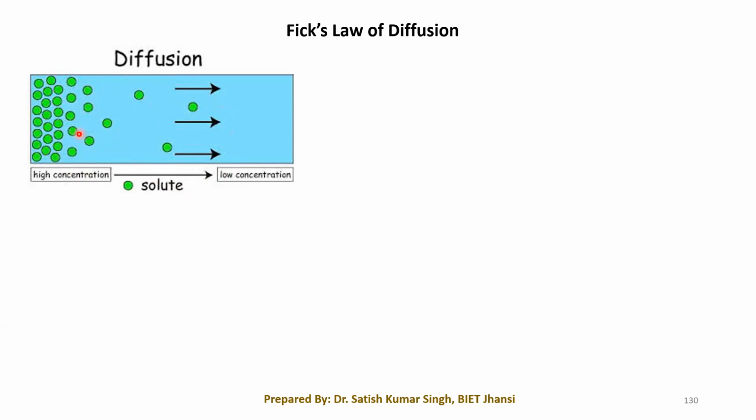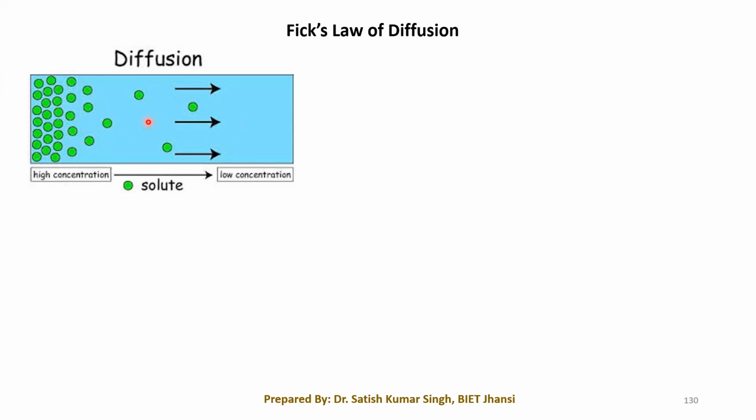So whenever we have a concentration gradient, there will be a net movement of atoms towards the direction in which the concentration is low. In this way, our atoms are going to diffuse, and that diffusion generally takes place until the concentration gradient vanishes.